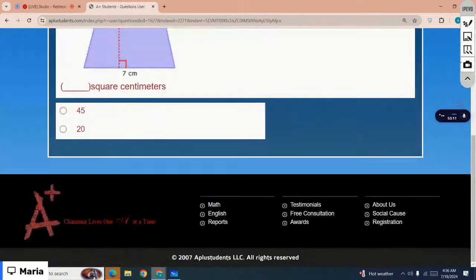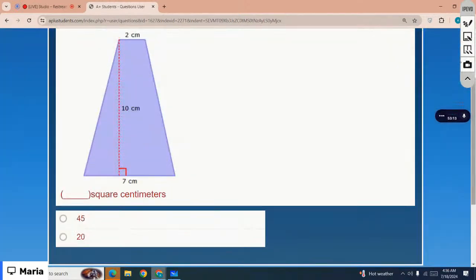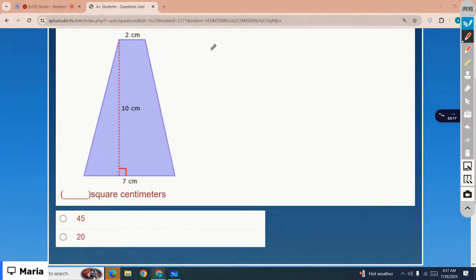Let's just calculate the area of trapezoid, right? The trapezoid has two bases. They are 2 centimeter and 7 centimeters. So the formula is half times height. Height is 10. And the sum of the bases, 7 plus 2, is 9. 9 times 10 is 90. So 1 over 2 times 90 equals 45. So that is 45 square centimeter. Got it?